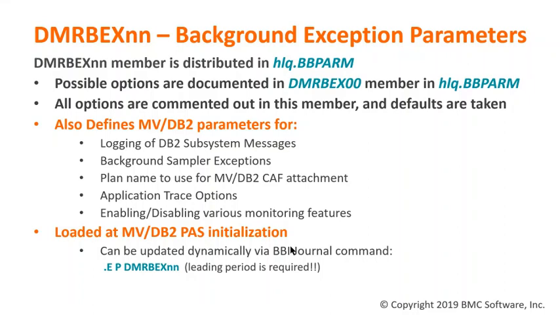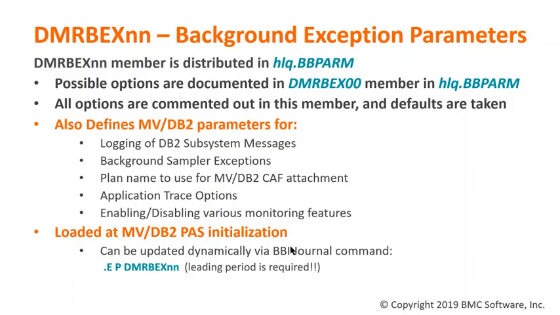This member also defines MainView for DB2 parameters, which control the logging of your DB2 subsystem messages to the BBI journal. It also allows you to enable and activate various background sampler exceptions, which we're going to demonstrate today.